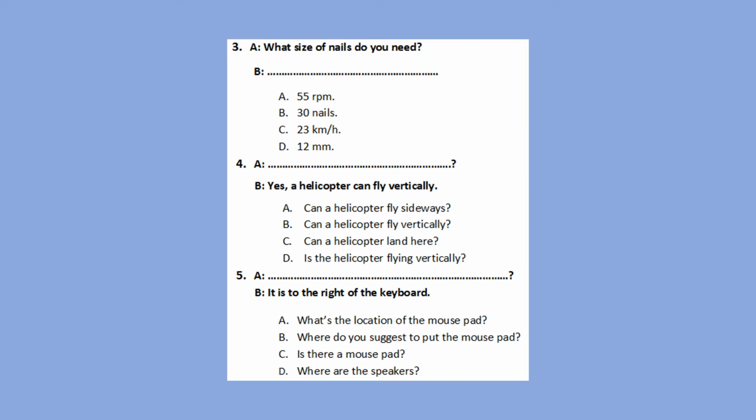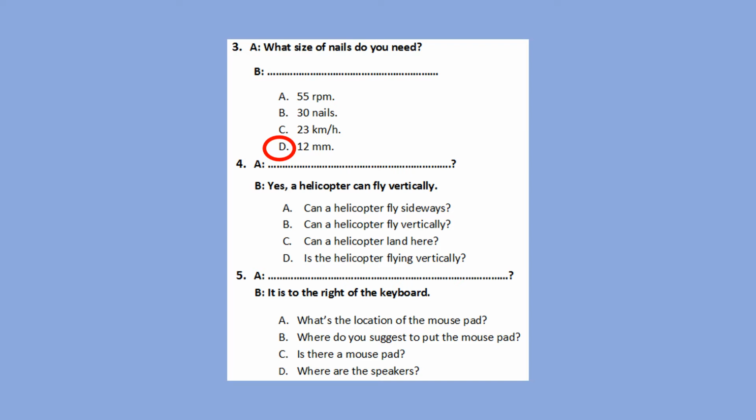The question asks about the size, and the size is usually in millimeters, so the correct answer is D. Okay, RPM is rounds or revolutions per minute. Kilometers per hour is for the speed.